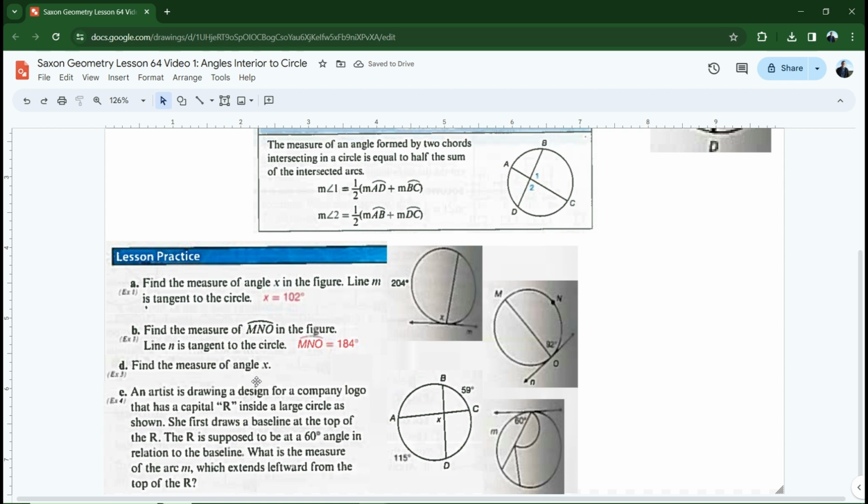All right, next in letter D, we need to find the measure of angle X here. This is one of those where we have lines that intersect in a circle, and we need to figure out the measure of one of the vertical angles inside the circle, angle X. To do that, I just simply add 115 and 59.